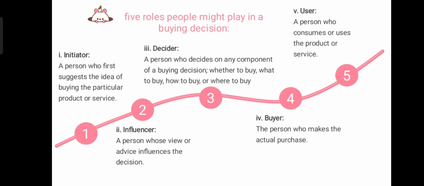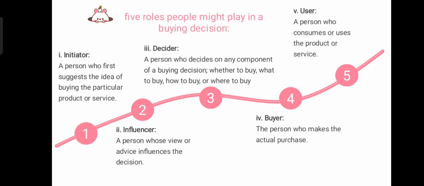The example I can give is us classmates: Nicole, Sherry, Honey, and me. Okay, let's discuss first. Number 1 is the initiator, a person who first suggests the idea of buying the particular product or service. I can consider myself the initiator, because even before we go to school, I always initiate, saying let's go to Jollibee, something like that.